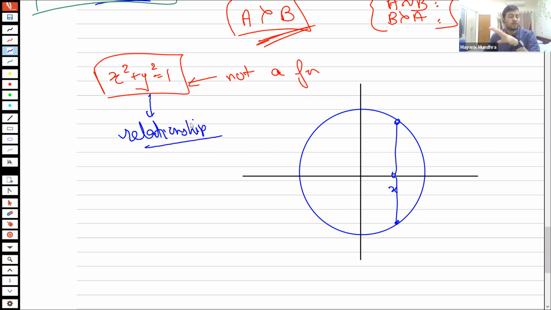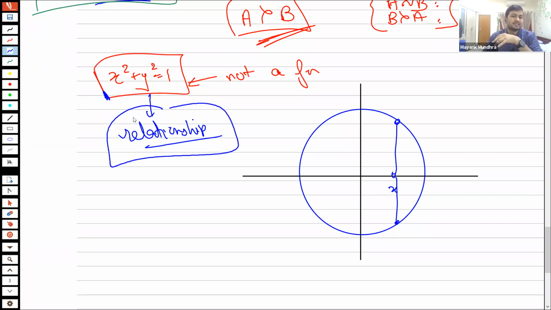Now, in common parlance, when you're talking to your friends or your teacher, even if you call this a function, nobody's going to beat you with a stick. In common parlance, you can call this a function, but if you were to write a textbook or, let's say, a research paper, then this is not technically a function. So this is a relationship.